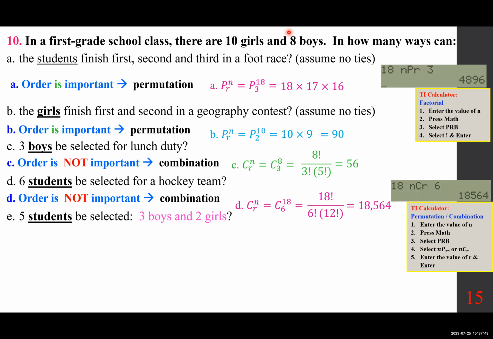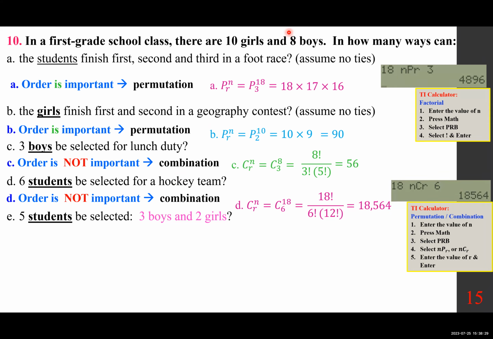Therefore, it's a combination. And from 8, we choose 3.